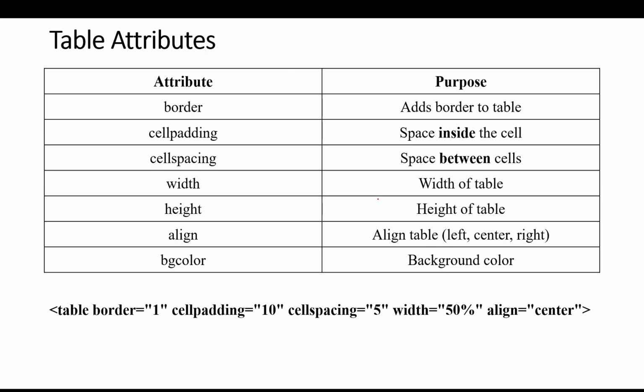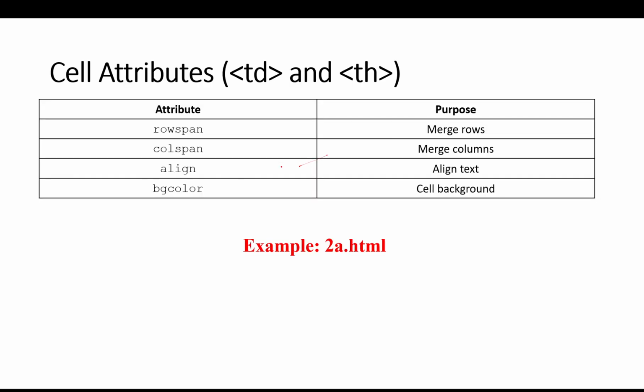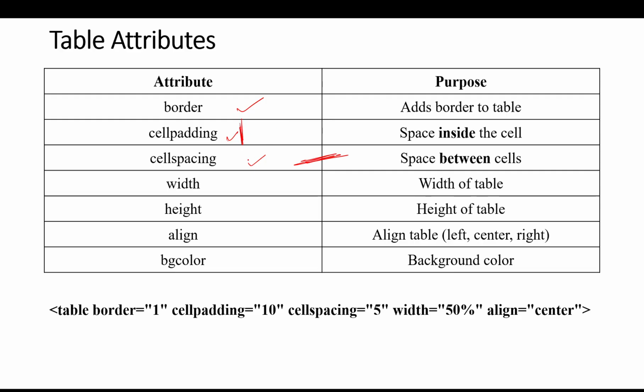The border attribute sets the border along with a value. Cell padding is the space inside the cell, cell spacing is the space between the cells, then width and height of your table. To align the entire table left, right, or center, we have align, and for the background color of your table we have bgcolor.